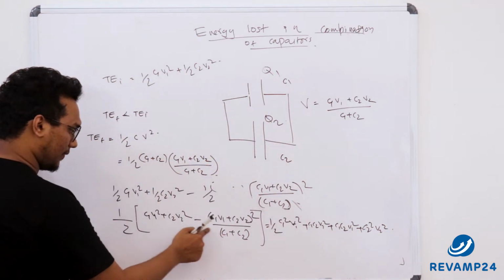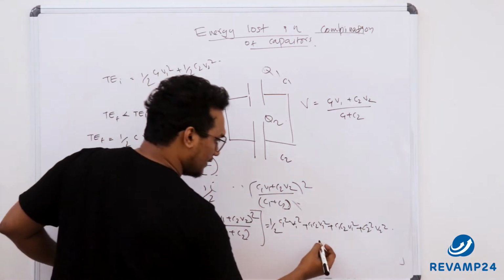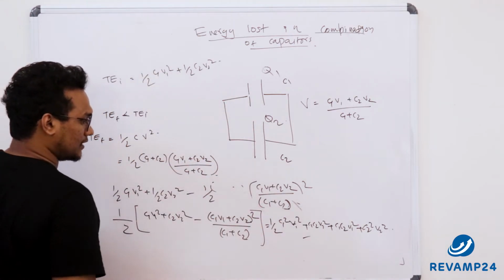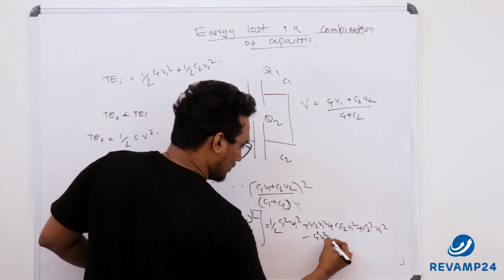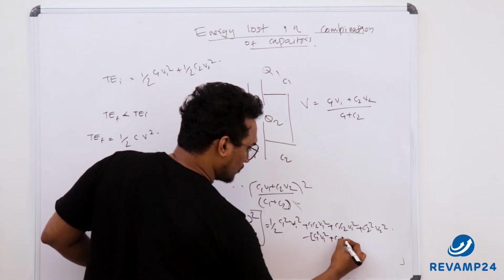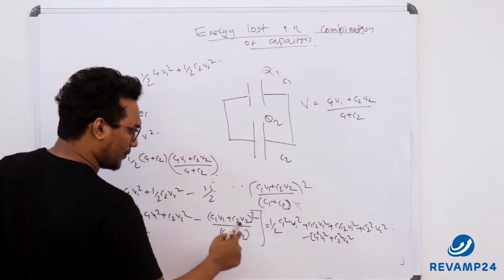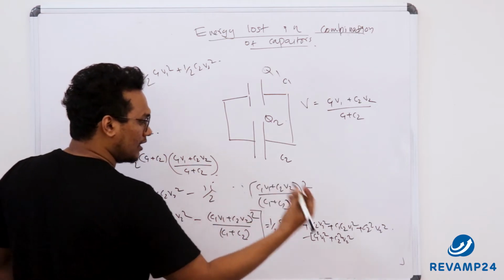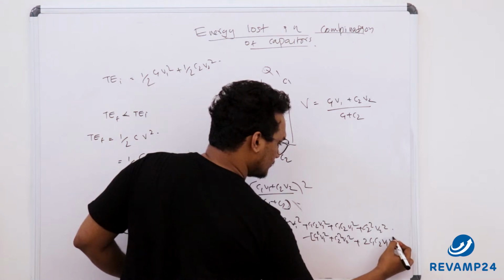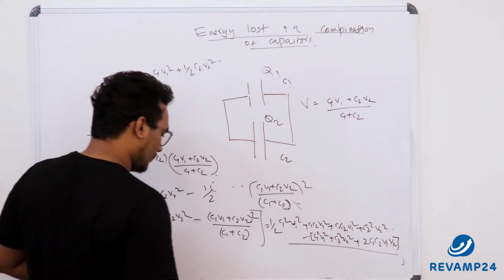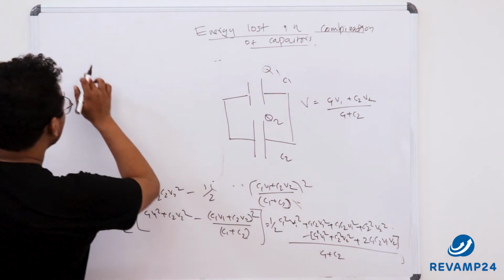What I have done is I have multiplied C1 with these two terms, then C2 with these two terms, and I have added minus, this is A plus B the whole square. What is that? C1 V1 square minus of plus C2 V2 square. So A square, C1 square V1 square, plus B square, C2 square V2 square, plus 2AB, that is 2 C1 C2 V1 V2, the whole divided by, what is the LCM? C1 plus C2.